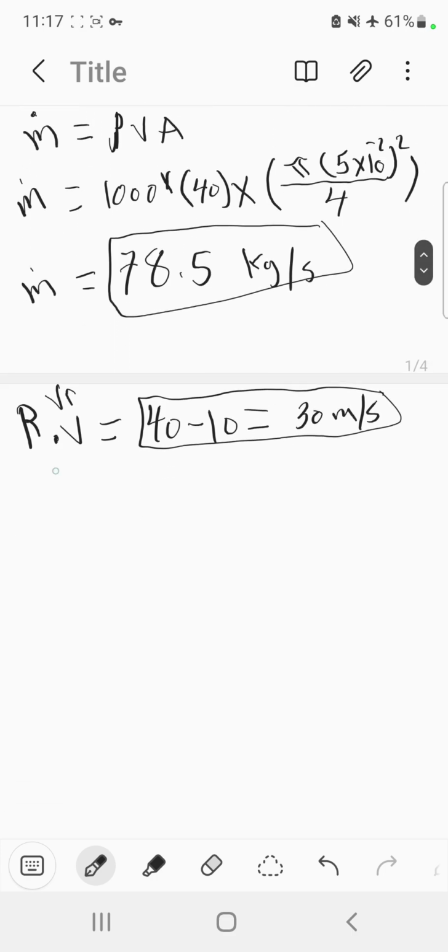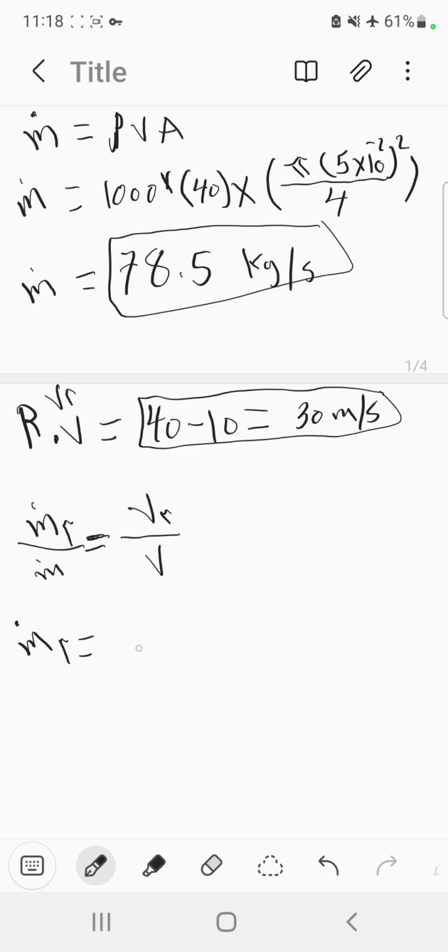So now we need to find the mass flow rate for the jet itself. So we know it's the relative mass flow rate equal to relative velocity over velocity. So in order to find this one, we need to rearrange the equation to find the relative mass flow rate.